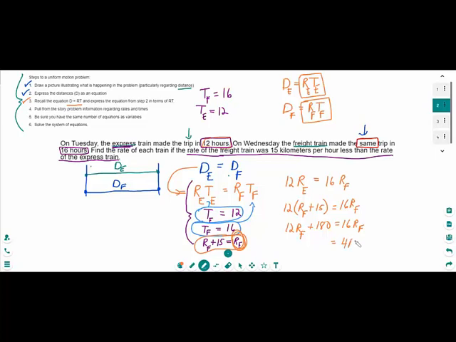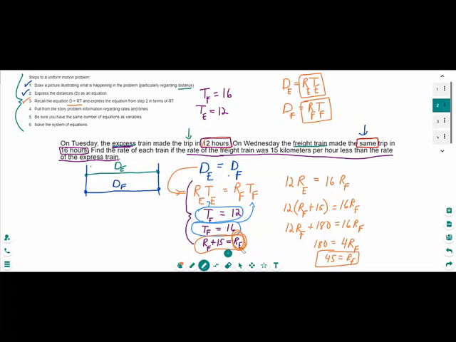And by subtraction, that's going to give us 4r sub f equals 180. And 4 can go into 180, what, 45 times. So r sub f is equal to 45. So the rate of the freight train is 45.